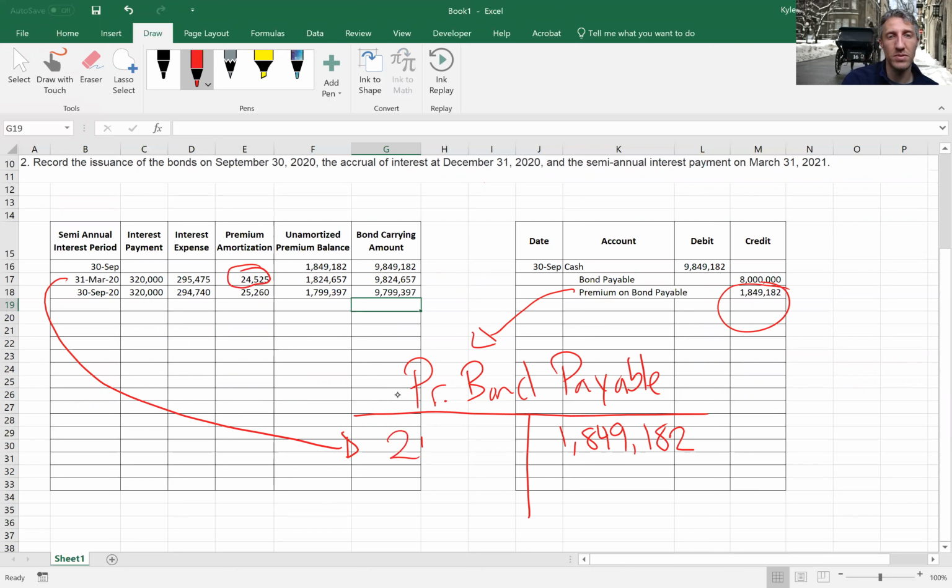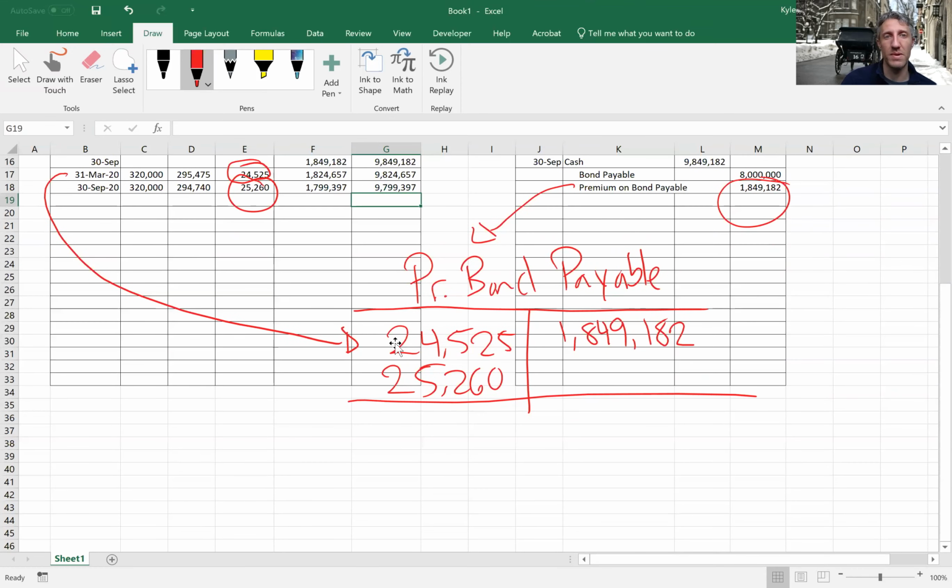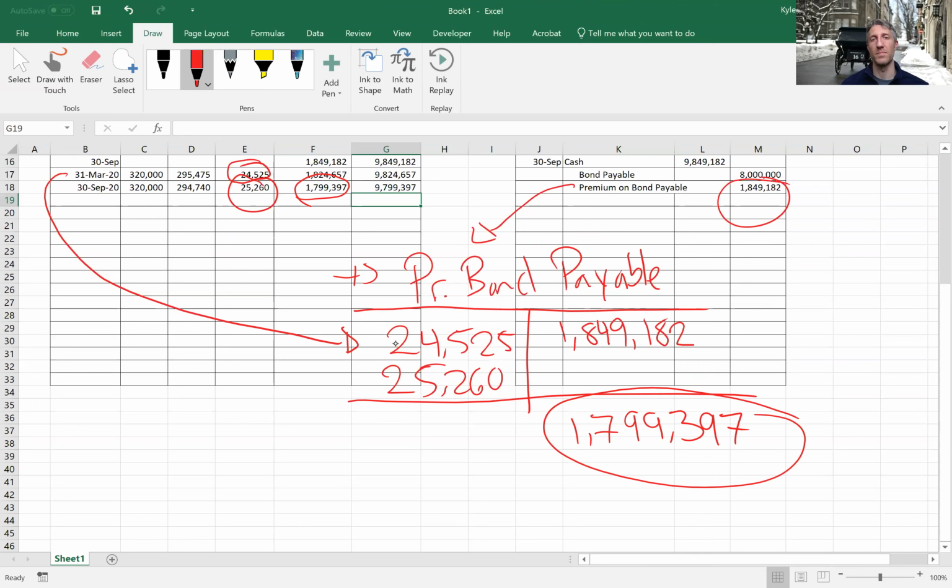So that would be a journal entry of 24,525, and then we did another one of 25,260, which means after debiting this account by those amounts, the unamortized amount, or the premium on bond payable, is going to be 1,799,397. So this is the unamortized amount of the bond premium.